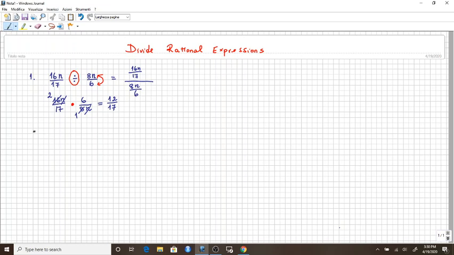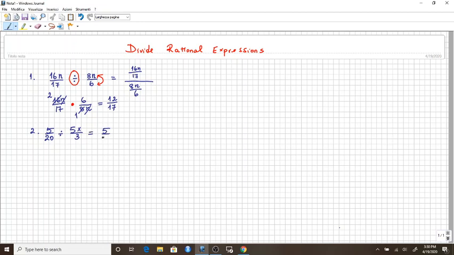Okay, let's look at problem number 2. Now we have 5/20 divided by 5x divided by 3. Dividing this means multiply by the reciprocal.